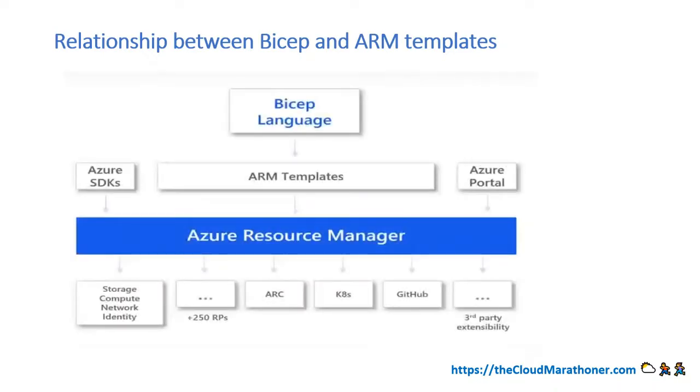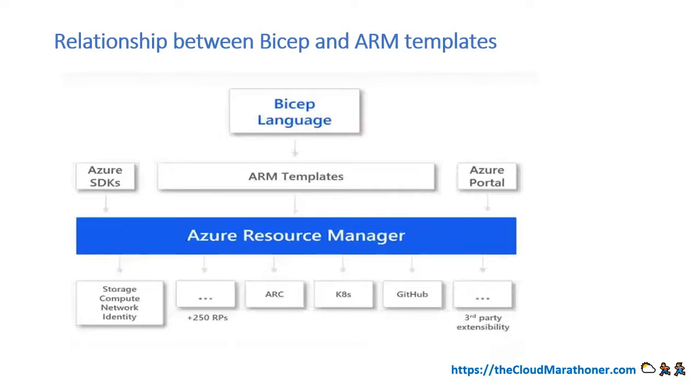So as we mentioned before, the ARM template is the structure that you need to have before interacting with the Azure Resource Manager, the main layer from where all the management of the underlying resources is happening. But just writing ARM templates is very hard. It's cumbersome, and there's a steep learning curve.